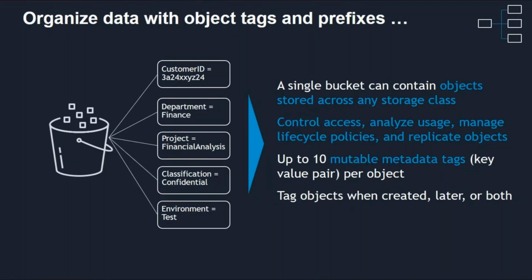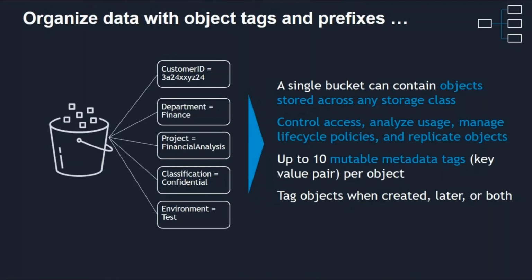Lastly, and maybe most important to our organization, is object tags. Now, tagging is an option that you can put on individual objects, either as they're brought into your bucket or later on as you organize and create some structure around the information.